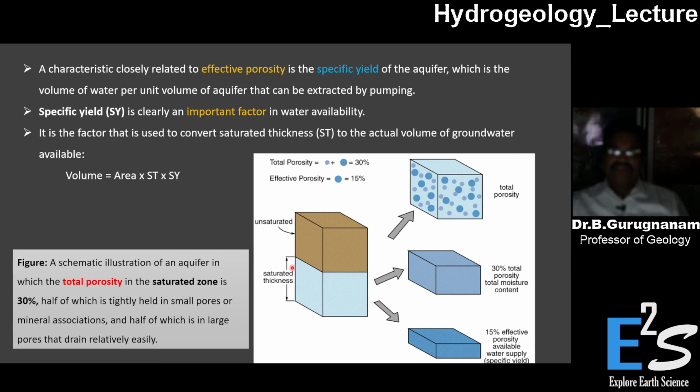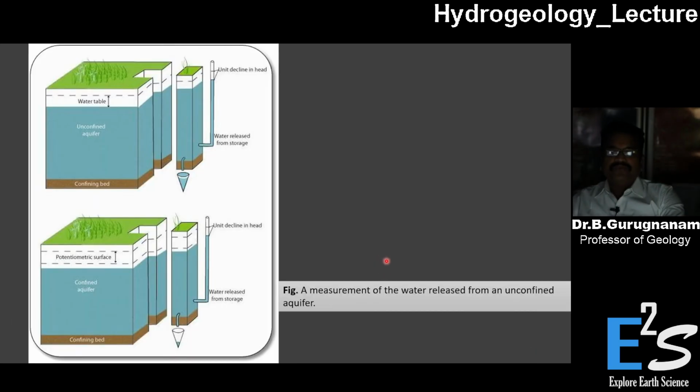This is unsaturated, this is the saturated thickness, this is the total porosity. If you just remove it and then check total porosity, the 30% of total porosity, total moisture content, it is coming here, and if you subtract 15% from the total pore spaces, it is only 15% that is your effective porosity. So this is how normally we measure. You take a piece of aquifer, you just remove it.